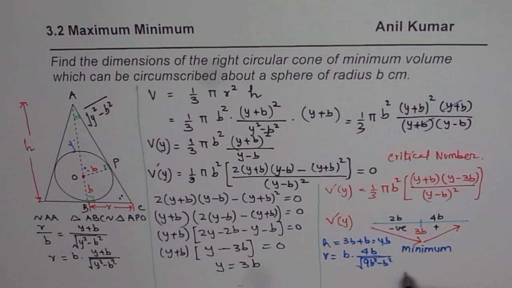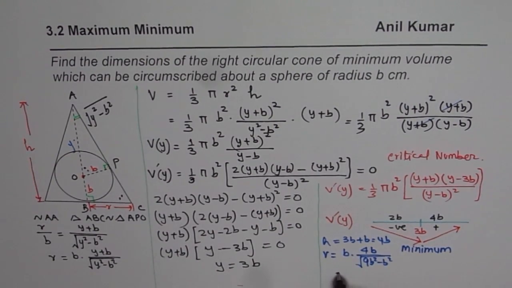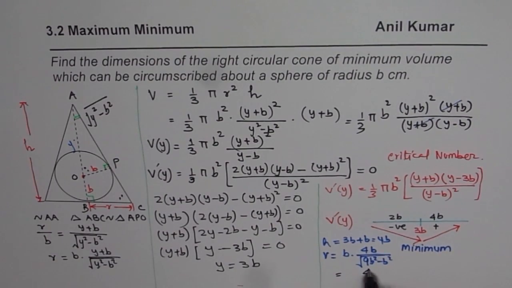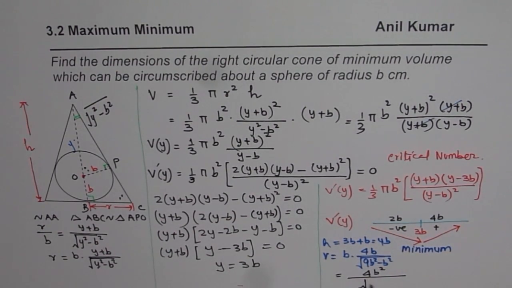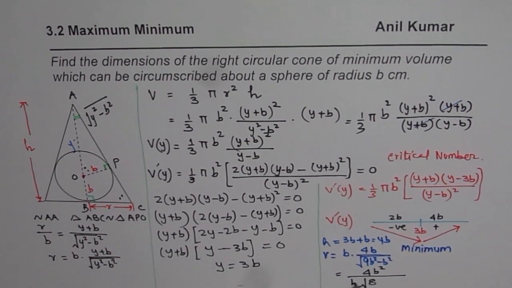So that should be equal to, let me use a different pen. So this value is, we have 4b square in the numerator divided by the square root of 8, and b square is common, we can take this out.